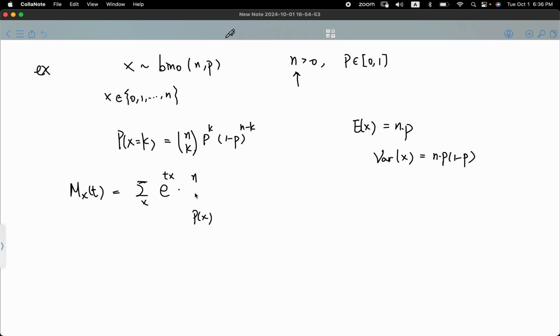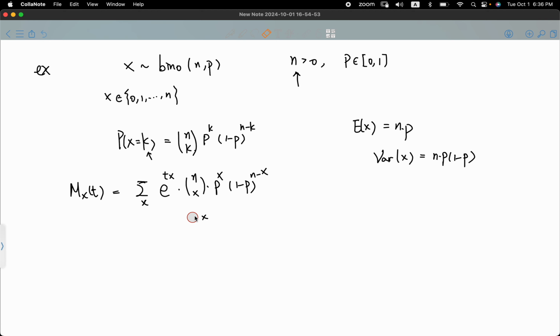Since I use x here, I will use n choose x. Here it's just referring to k equal to a particular value, like 10 tosses and k equal to 5, so that here you put 5. But here we're talking about any general case, so I use n choose x, just to consolidate the notation. So p^x and then (1 minus p)^(n minus x).